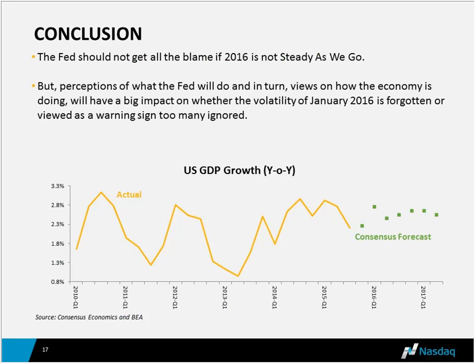If we get a steady-as-we-go outcome, that Goldilocks economy, the Fed will probably not get a lot of credit for it. Consequently, it shouldn't get all the blame if we don't get it. There are a lot of other things going on out there in the economy, and we've touched on them: Chinese economic growth, oil in the immediate short term.